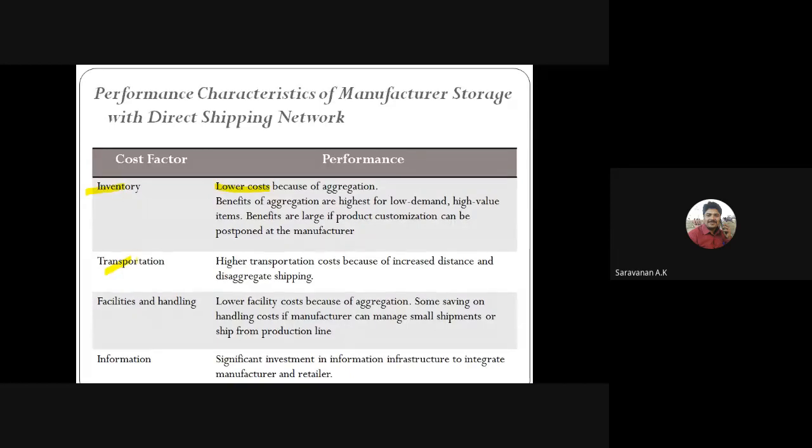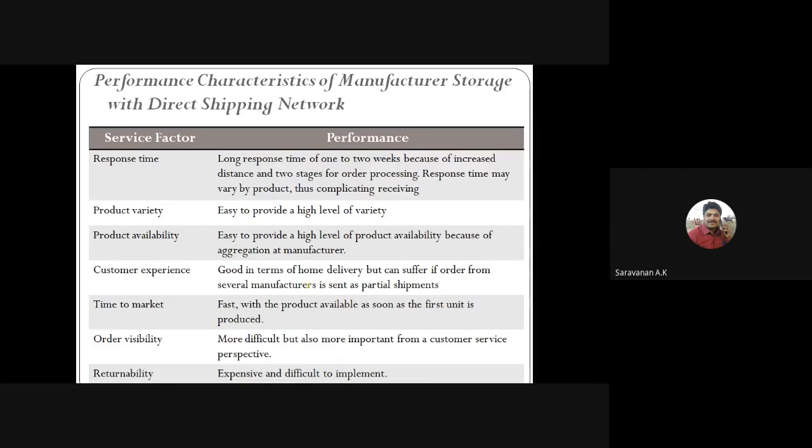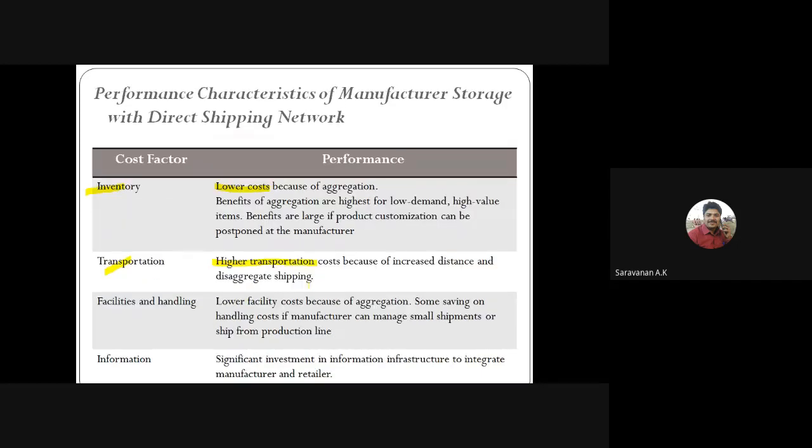That is our ultimate aim. So the transportation is very, very important, and the transportation cost will be high, right? Then the third one is the facility and the handling.